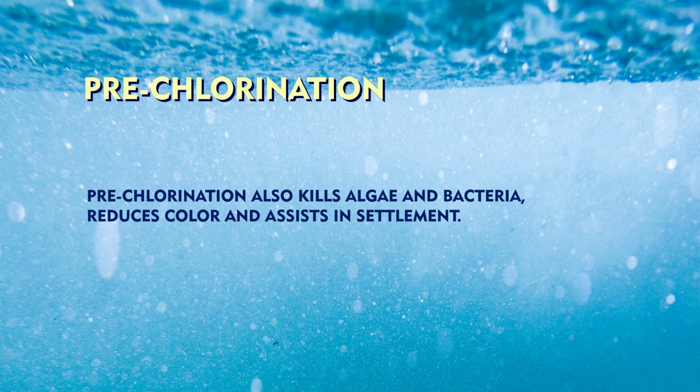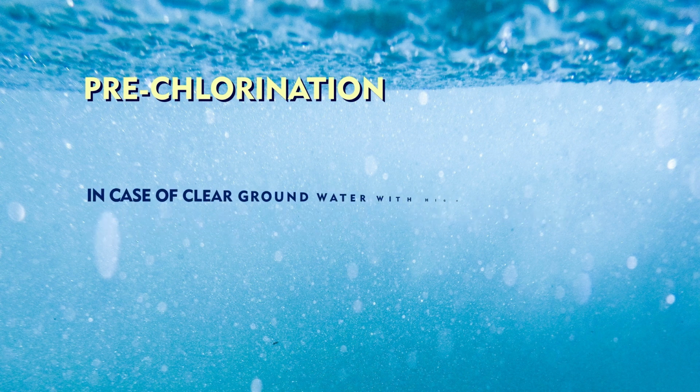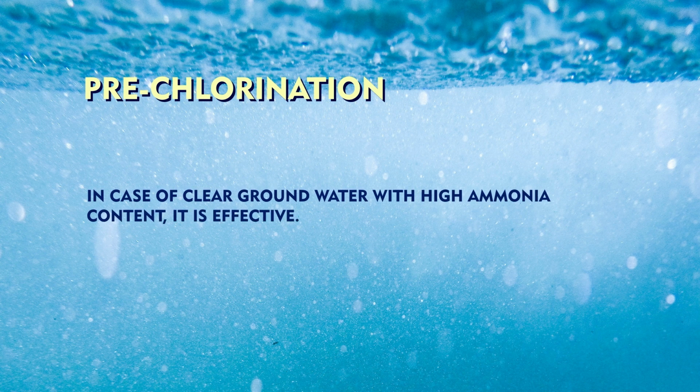Pre-chlorination also kills algae and bacteria, reduces color and assists in settlement. If excessive silt is present in suspension, pre-chlorination is not so effective because silt absorbs chlorine without settling. In case of clear water with high ammonia content, chlorination is effective.